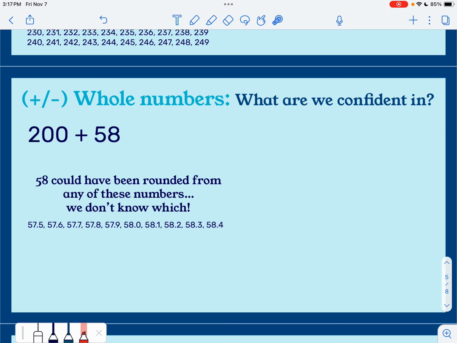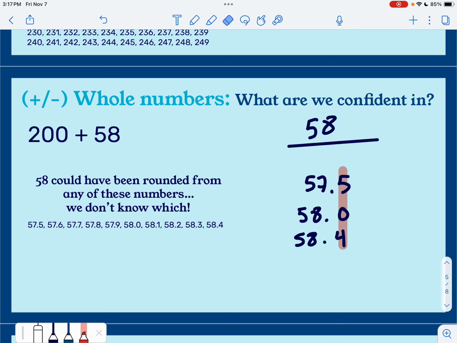And this is because, again, it could have been rounded from any of these values, which is a lot. But that only has a small uncertainty because you can see here that it's the tenths place that is rounded. So this means that both the digits, the 5 and the 8, are significant.